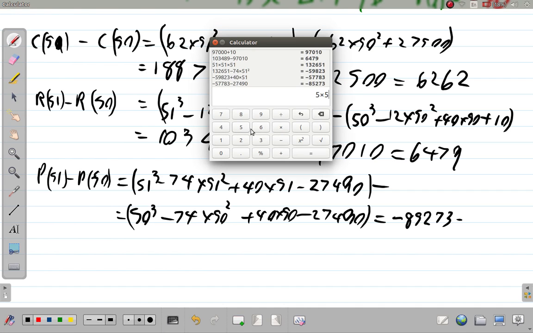We have 50 by 50 by 50, minus 74 by 50 squared, plus 40 by 50, minus 27,490 equals negative 85,490.